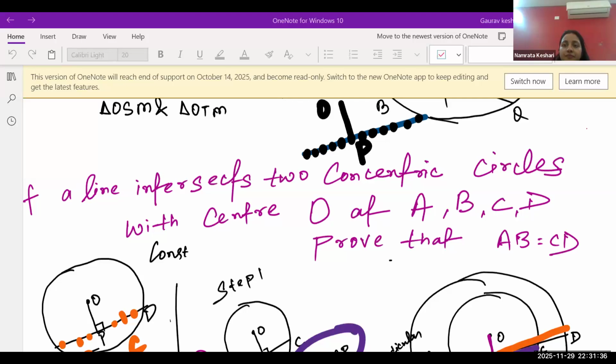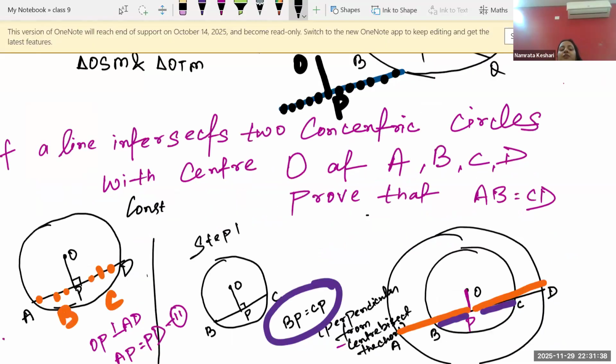Please do it. Write the construction where OP is perpendicular on AD. Then you will write the rest. I have already written this in my own way while you were explaining.